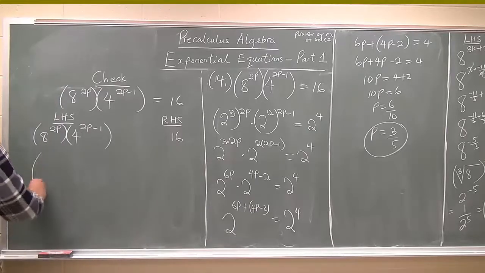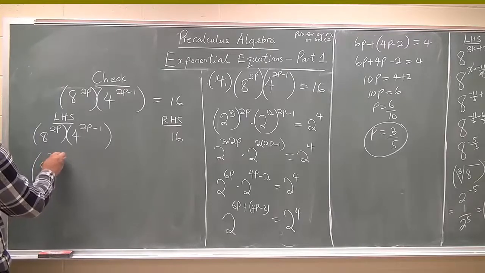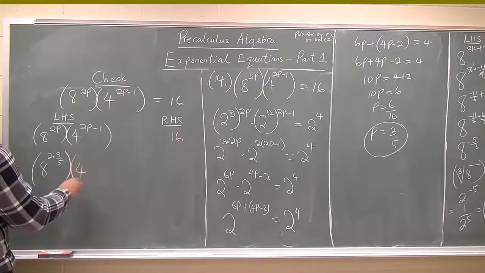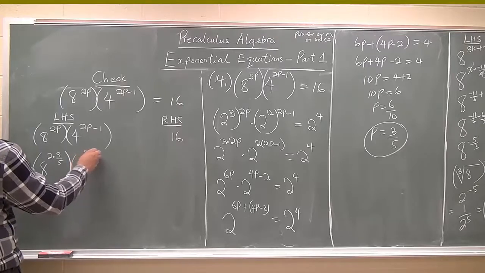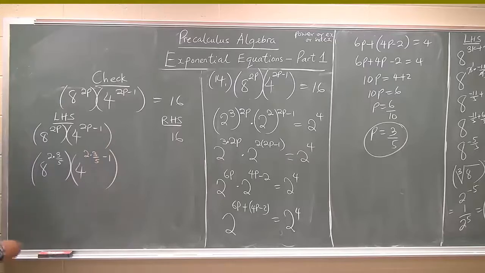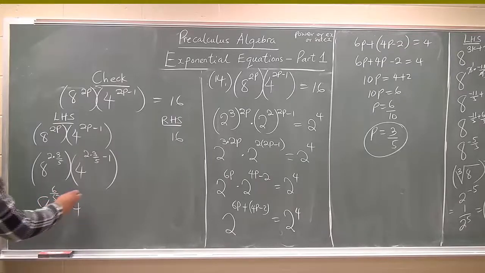Okay. So this is now 8 exponent 2 times 3 over 5 times 4 exponent 2 times 3 over 5 minus 1. Now this gives me 8 exponent 6 over 5 times 4 exponent 6 over 5 minus 1.